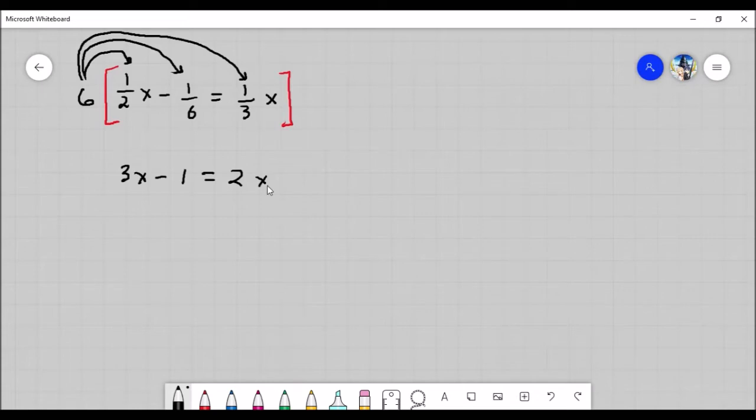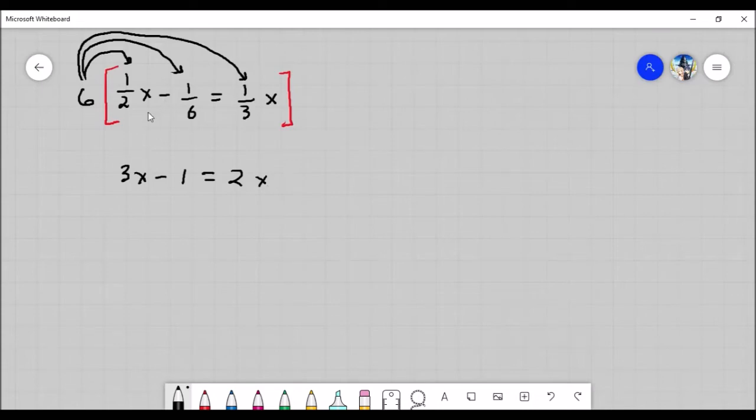It's all about how much work do I want to put into it, essentially. So in this case, it doesn't really matter. It's going to be the same amount of work. So I already have my number, the -1, on the left side. So I'm just going to move the 3x over to the right side of my equation.